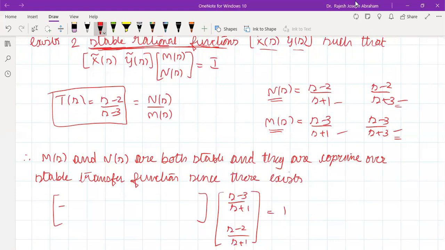See, you are not getting the point yet. There should be two stable rational functions. What do you mean by rational function? It should have a numerator as well as a denominator. Oh, sorry, sir. Okay, here the denominator is 1.